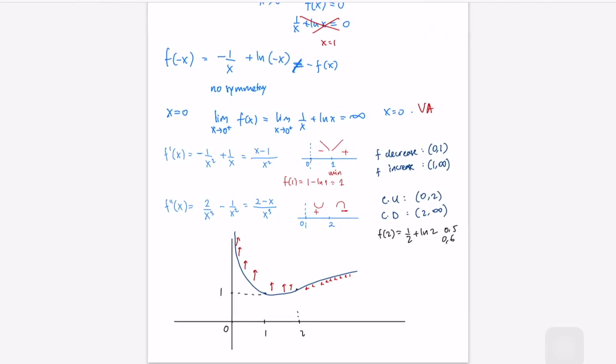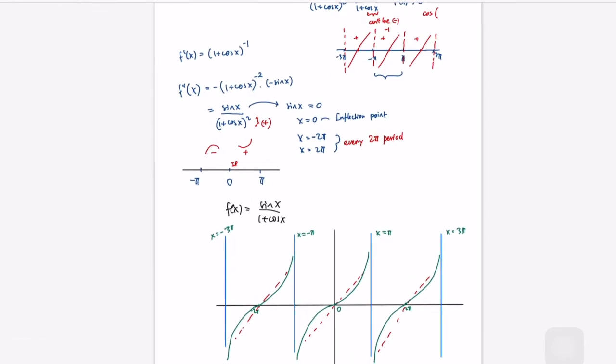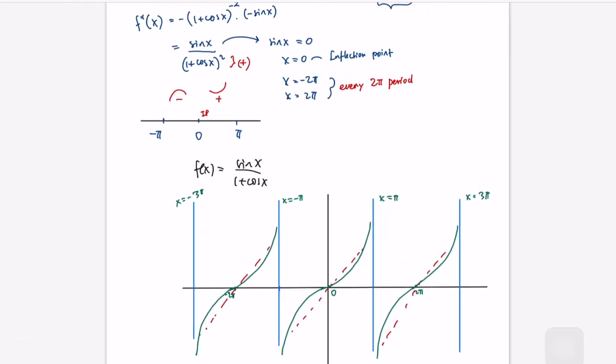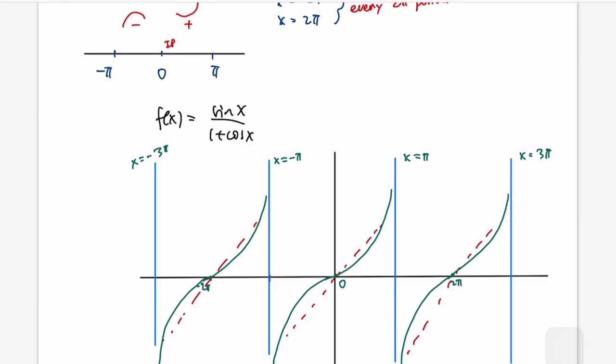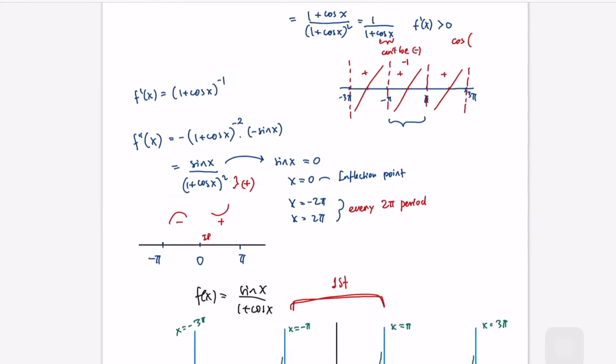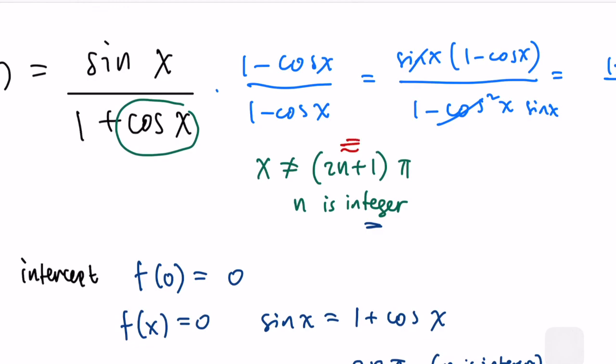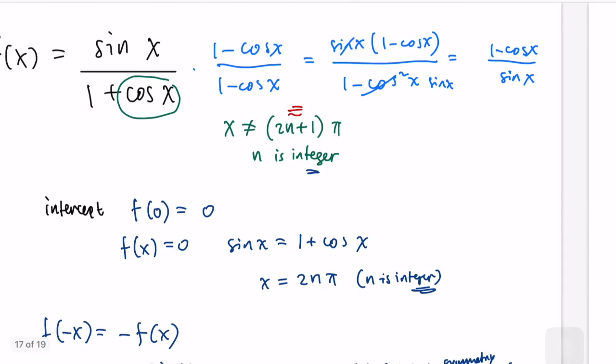Okay, I think we can stop here. And by the way, for the trigonometric functions, if the graph has periods, you can focus first on how it looks like in the very basic case. You don't need to worry about, for example, 2n plus 1 and so on, so you can be relaxed.